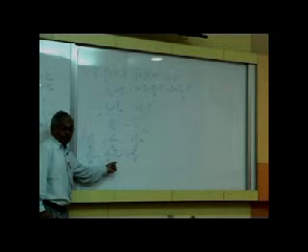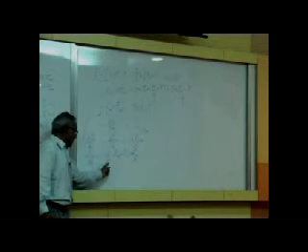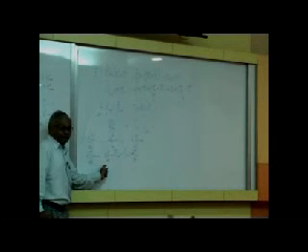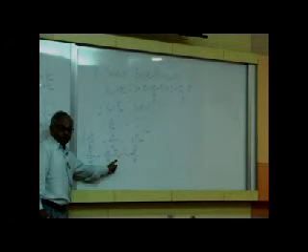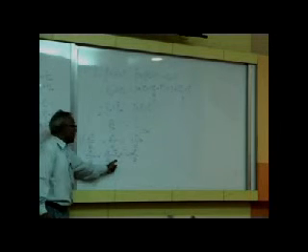This term is 0 because P center of mass, apart from the mass m, is the same as the velocity of the center of mass. P center of mass is m times r center of mass dot, so this is 0.